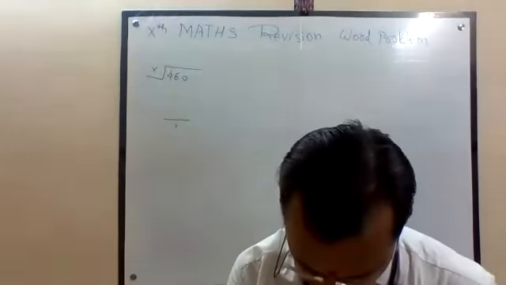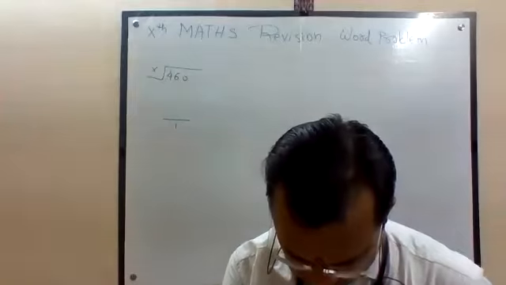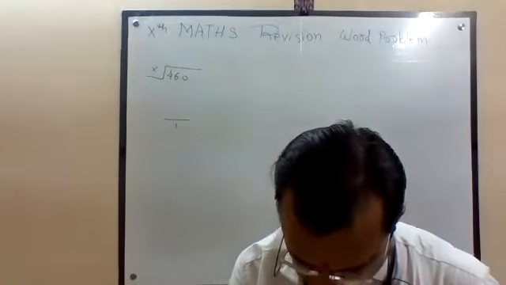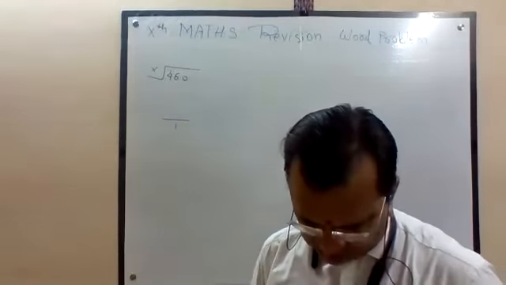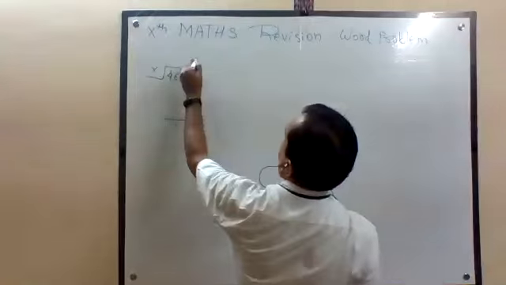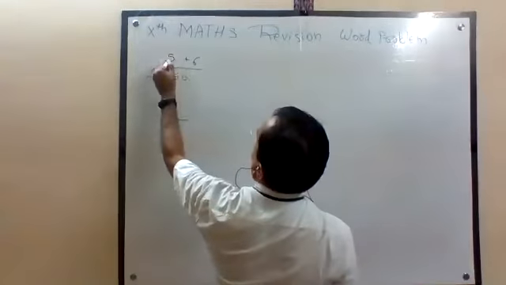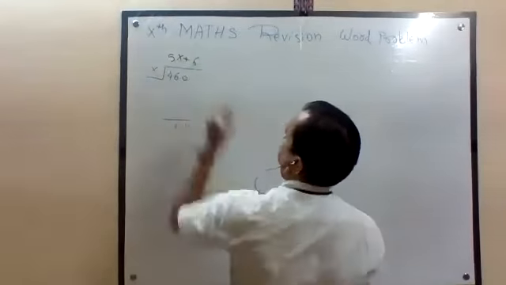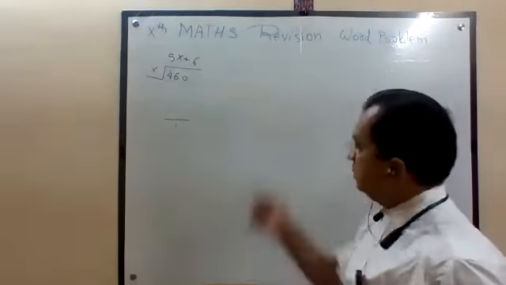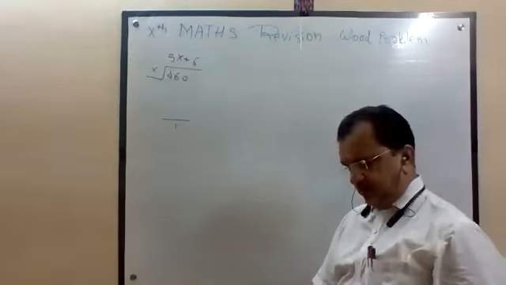The quotient is 6 more than 5 times the divisor. Every position I have written.